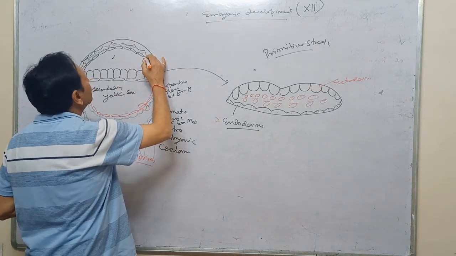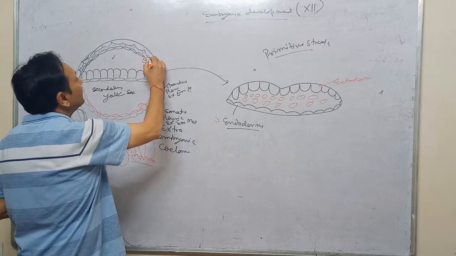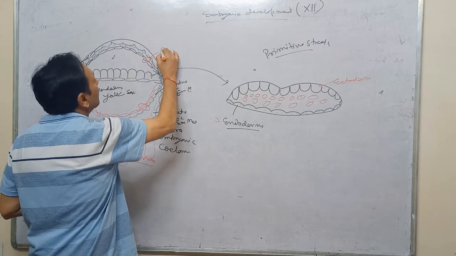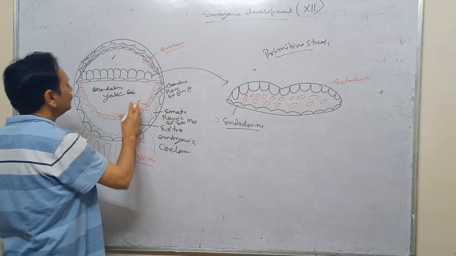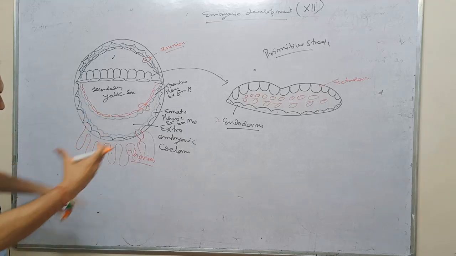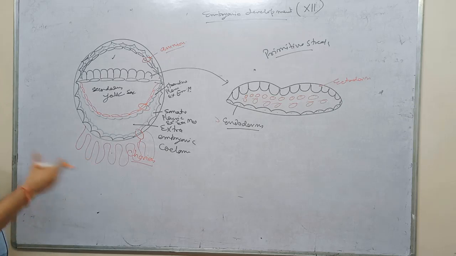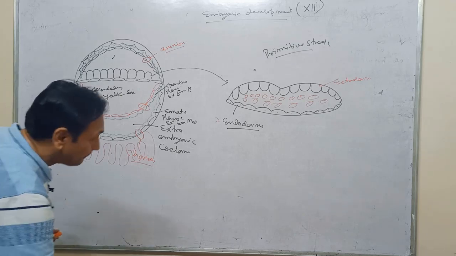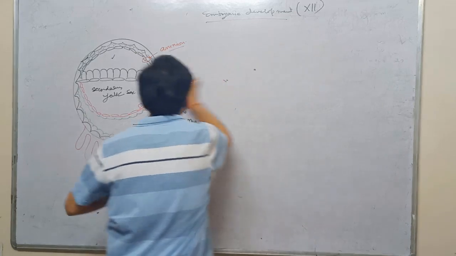This part having the amniotic layer and mesoderm is called amnion, this is chorion, and this one is the yolk sac. In this way, the placenta is developed. The placenta is attached with the endodermal lining and embryonic lining, and nourishment will continue, and the embryo will develop till 9 plus minus 7 days.